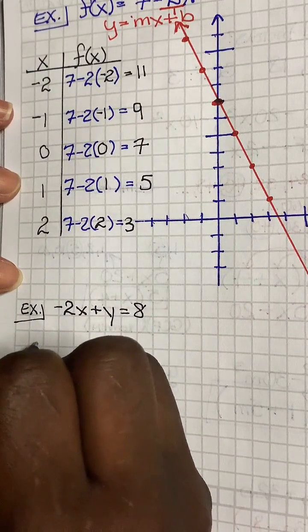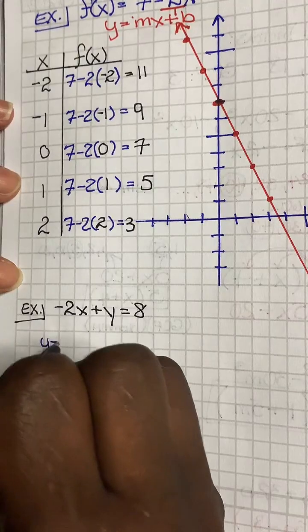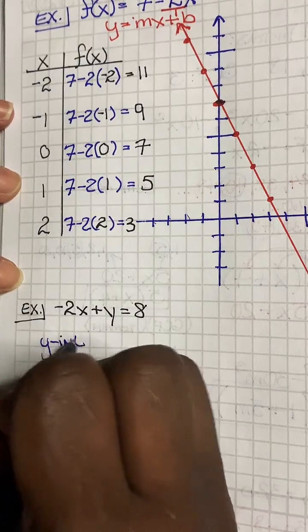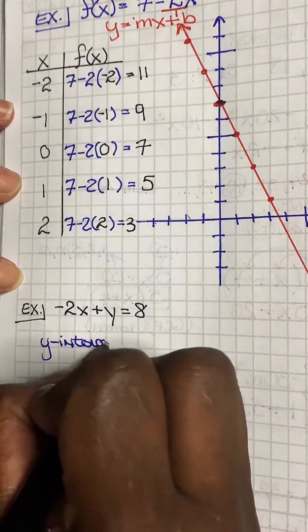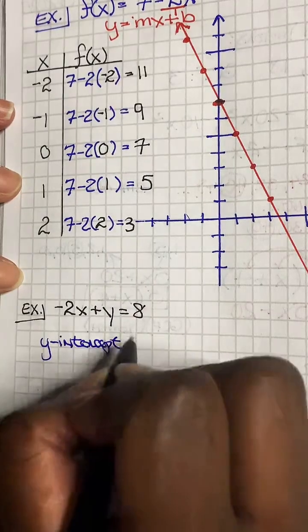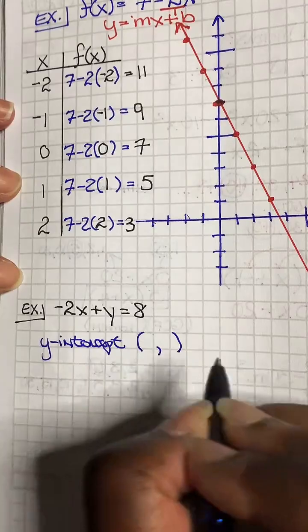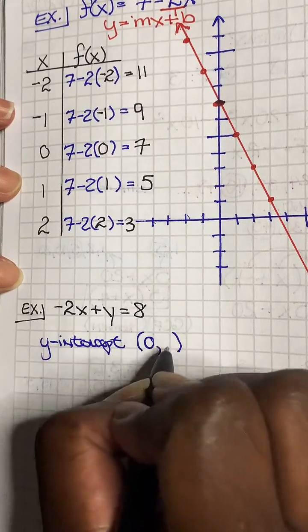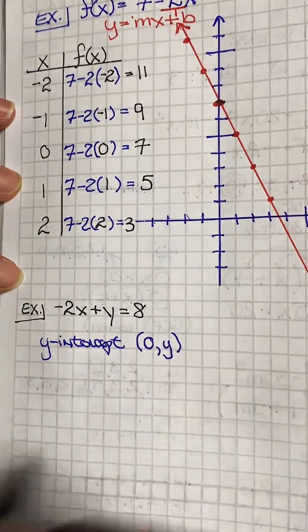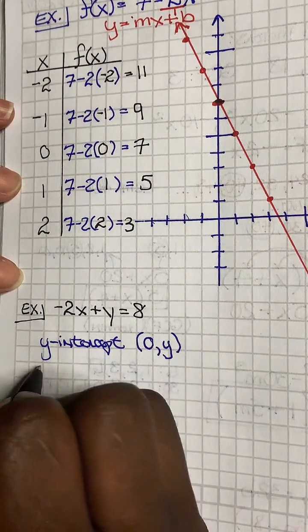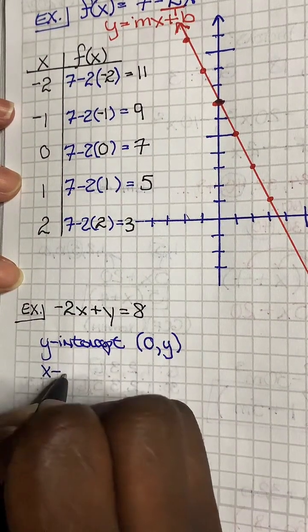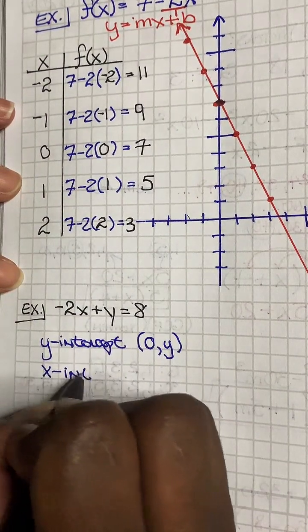We understand what the y-intercept is. It's where it crosses the y-axis, when your x value is 0. But then we also have this other thing called the x-intercept.